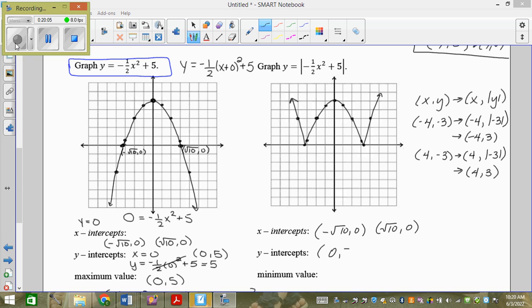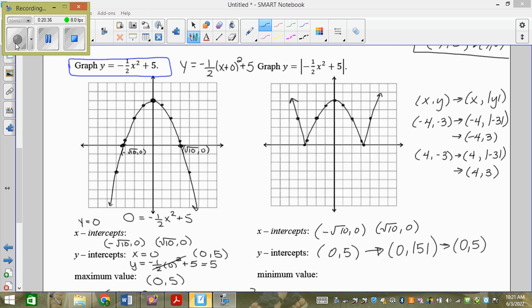Why did this y-intercept stay the same? What are we changing when we take the absolute value? We're changing the y, correct? And my y is already positive, right? It's 0, 5. So if I take 0 and the absolute value of 5, it's still 0, 5. So the only time your y-intercept is going to change is if it's negative, right?